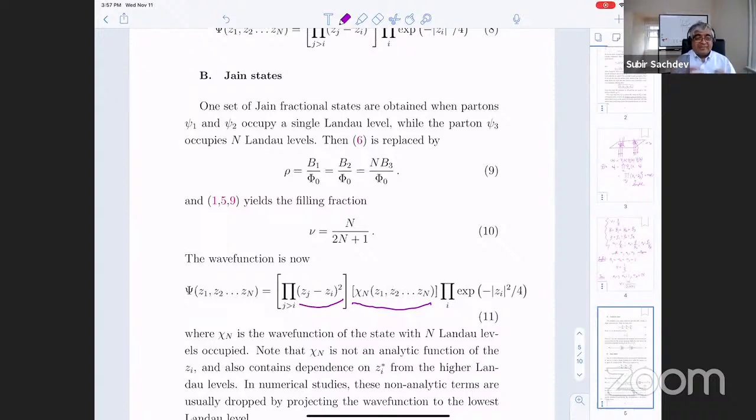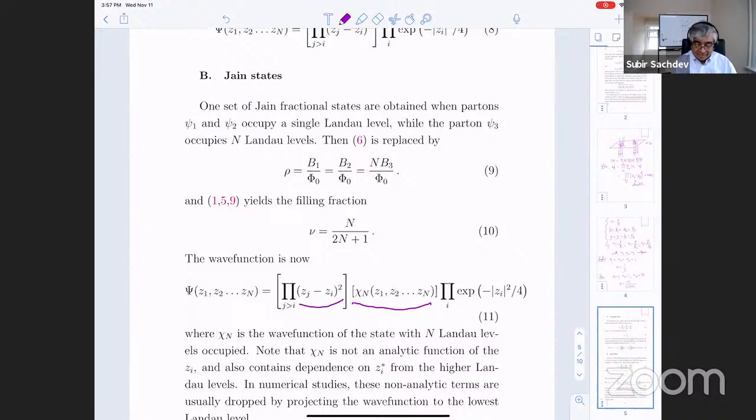And this was of some concern. I think that's the reason why other people didn't dare to write this down, because there was this dogma that whatever wave function you write down must be analytic. But it turned out that dogma was not correct.